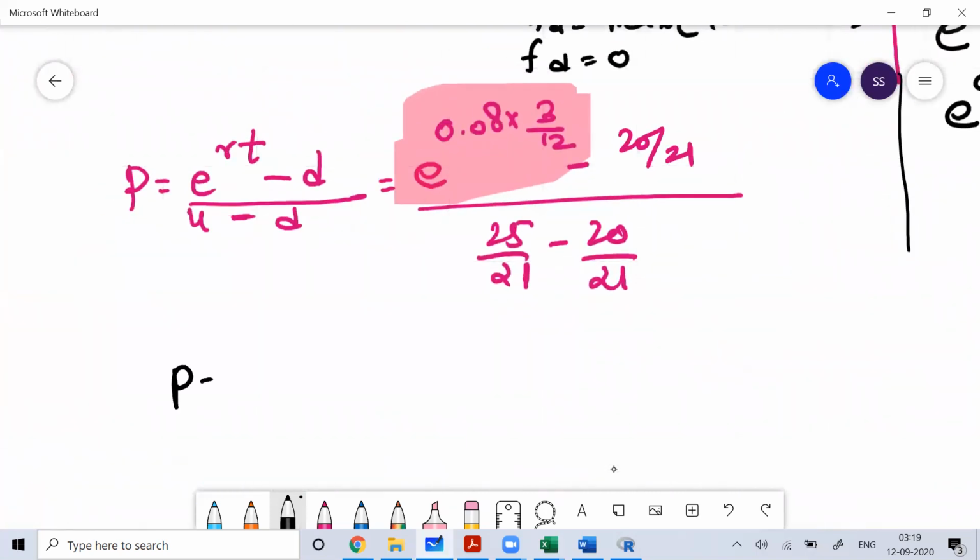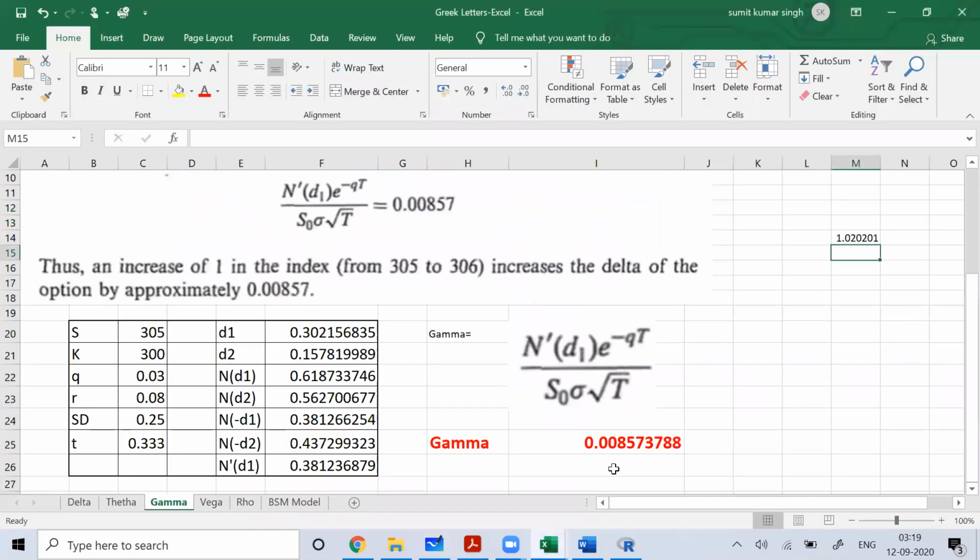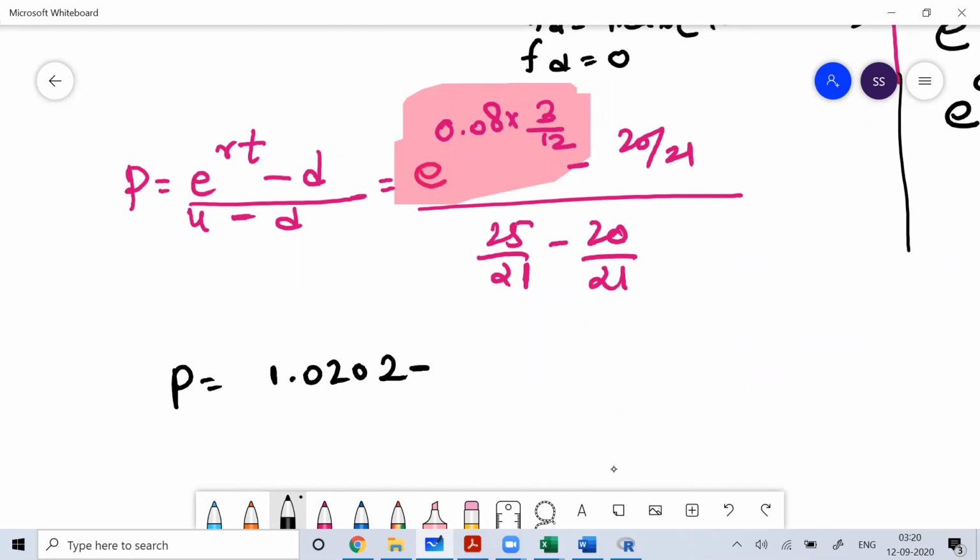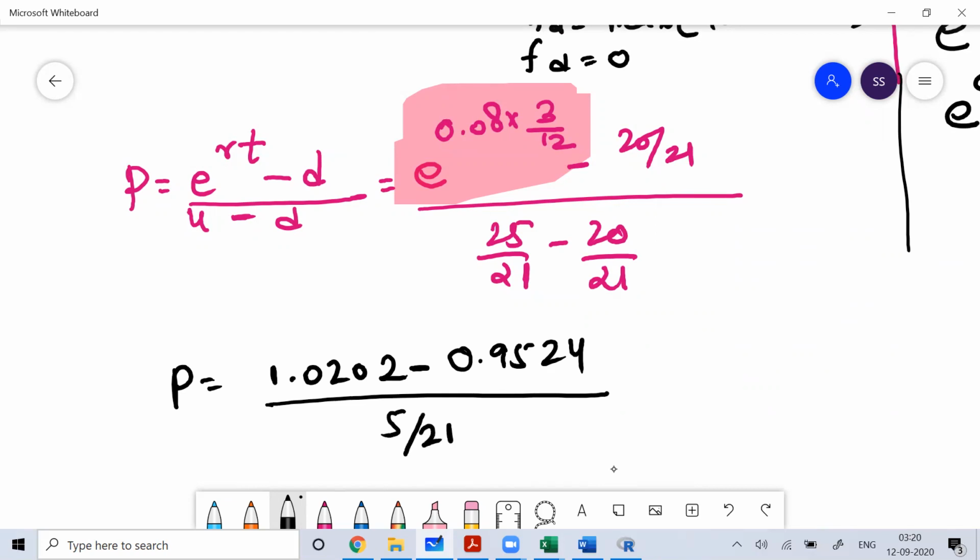So the value of p is 1.0202 minus 20 by 21. You can use a normal calculator for that part. So 20 by 21 is 0.9524. Then divide by 5 by 21.